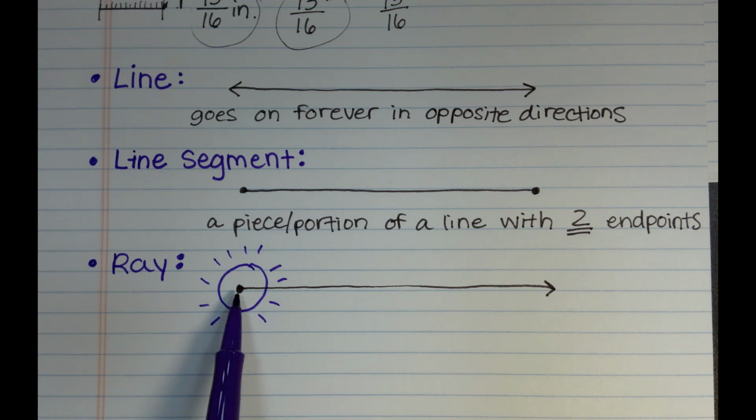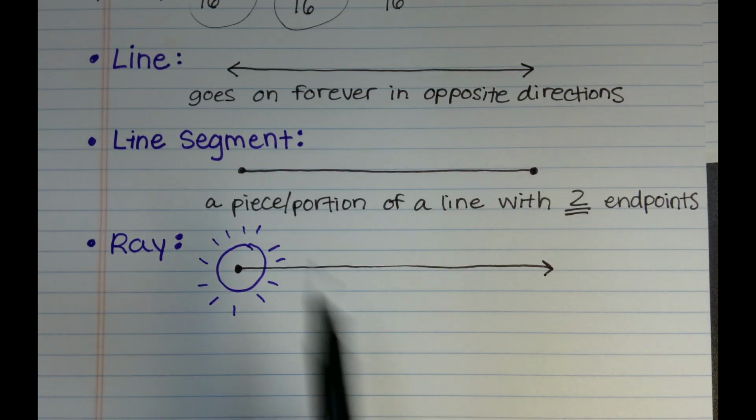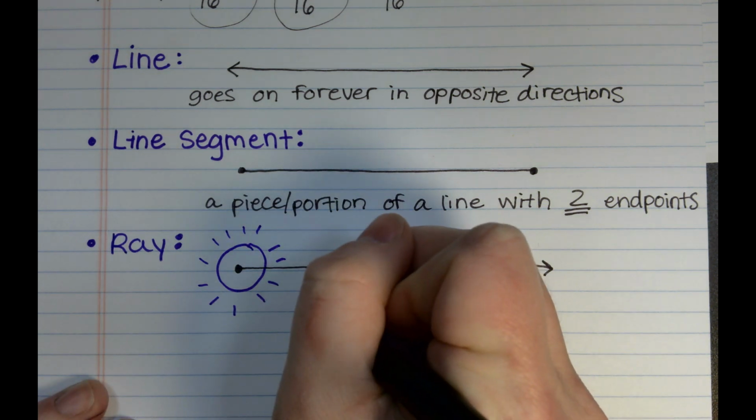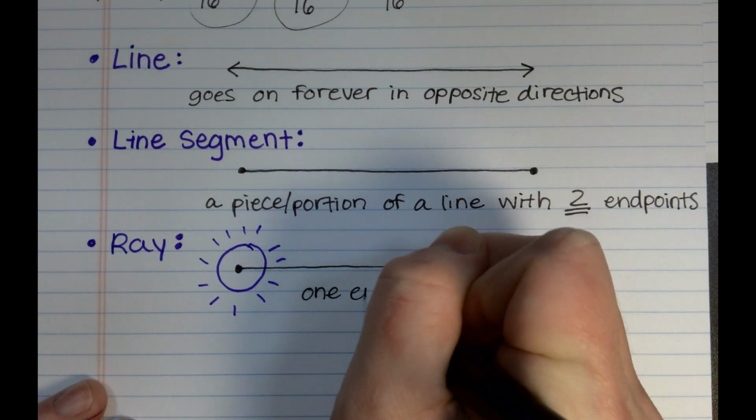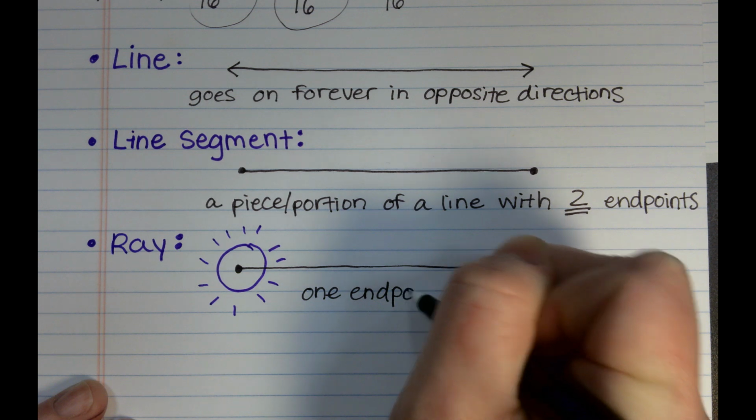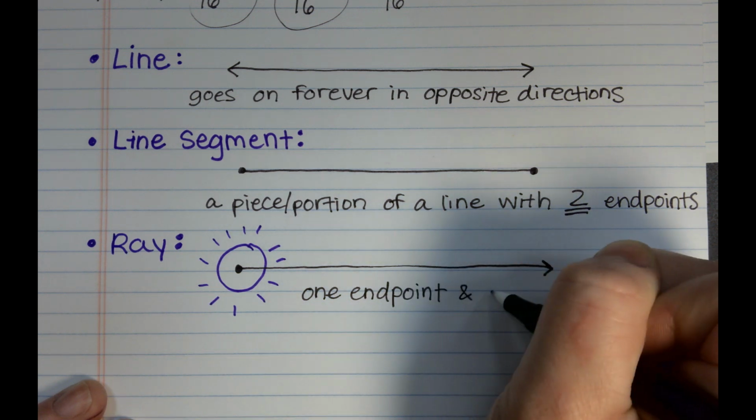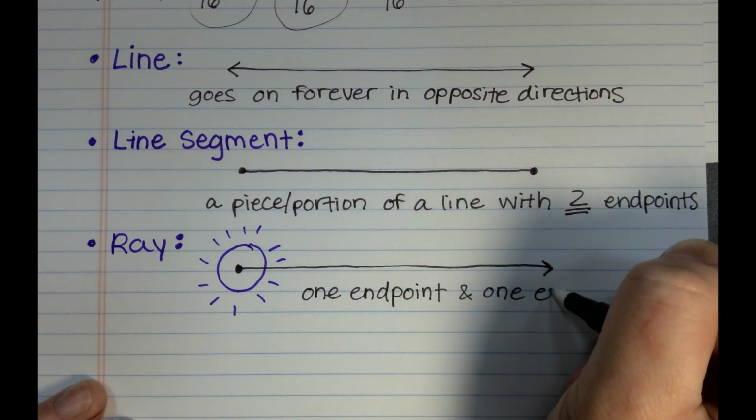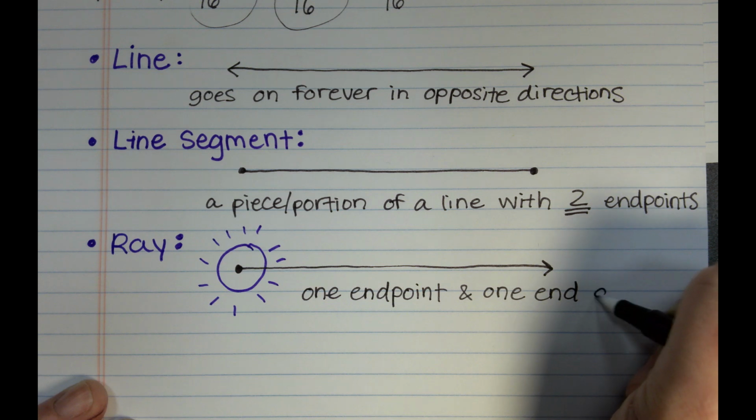So a ray has only one endpoint, and then one end goes on forever in a certain direction.